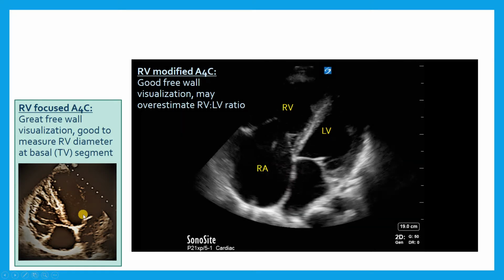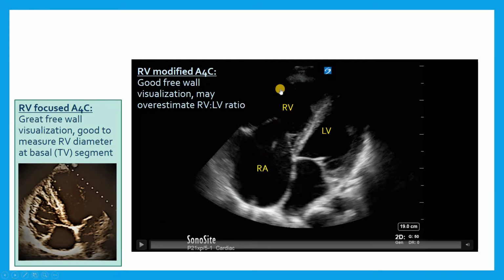Down in this corner, I have what's called the RV focused apical four-chamber view. Now, this is not good for lining up your TR jet, but it is great for free wall visualization. The other thing it's really nice for is measuring the RV diameter at the basal segment just below the tricuspid valve. So sometimes you want to move laterally and really work beyond the left ventricular apex and look at the right ventricle through the left ventricle, using your left ventricle as your echo acoustic interface so that you can pick up this lateral free wall really nicely.